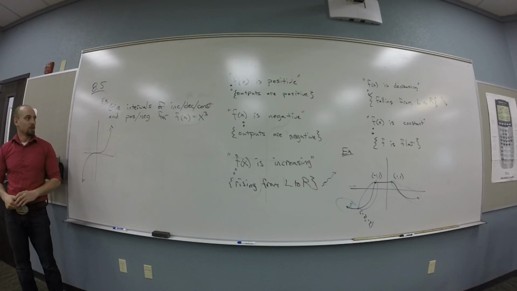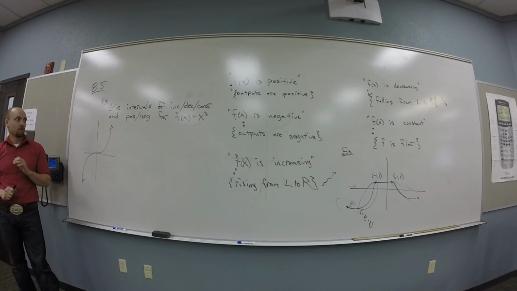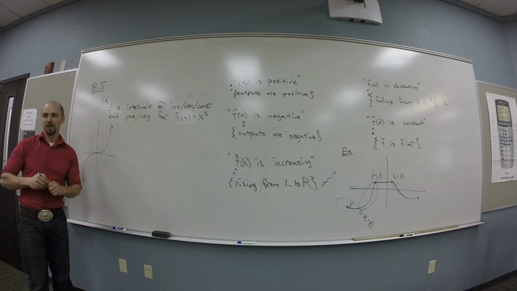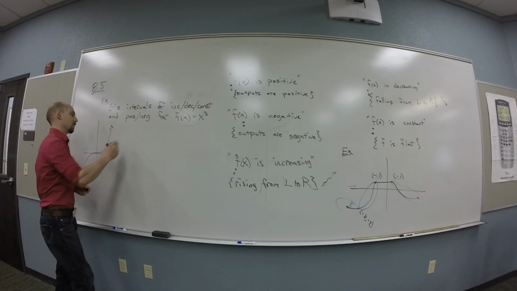Okay, so what do you want to do? Positive, negative, or increasing, decreasing, constant? Increasing, decreasing? Is that one easier? Positive, negative is pretty easy. You guys want to start with that one to warm up? Okay.